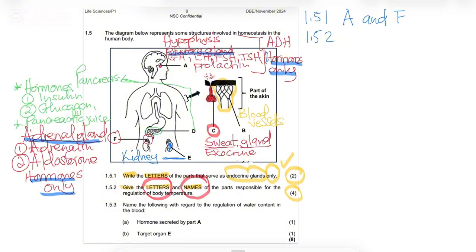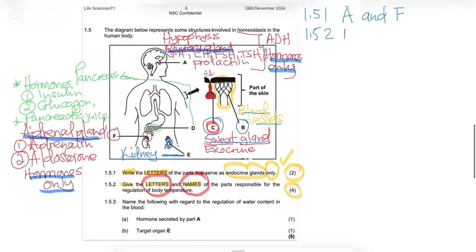We have already identified these two parts. So we have this part, B, which we refer to as the blood vessels, and we also have part C, which we refer to as the sweat gland. So we're going to say it's part B, which is representing the blood vessels.